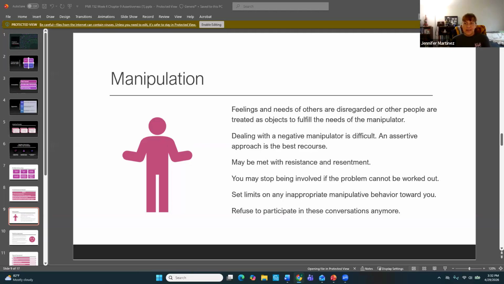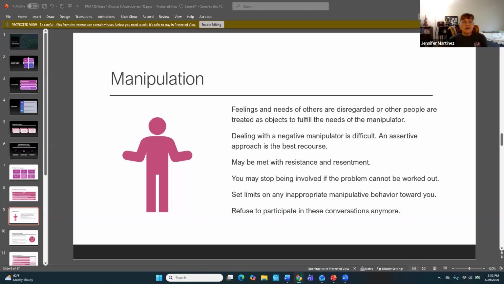They use all sorts of tactics in order to get you to meet their needs. And it can be very difficult to work with this type of client, because no matter what you do, it just never seems to be enough.